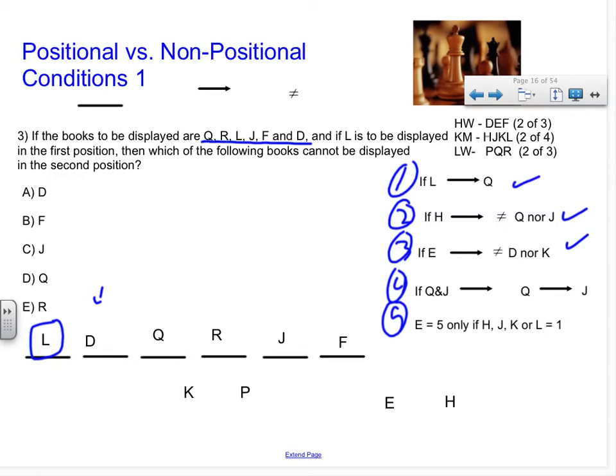We know that if J were to appear in the second position, so let's swap it with D. If J were to appear in the second position, it would break condition 4, because Q has to appear to the left of J. So therefore we know that J cannot appear in the second position, and C is our correct response, because it will break condition 4.